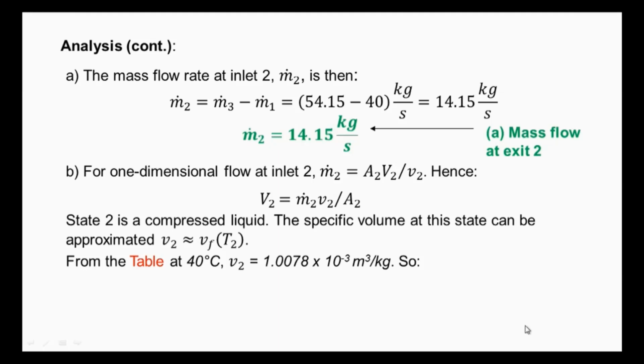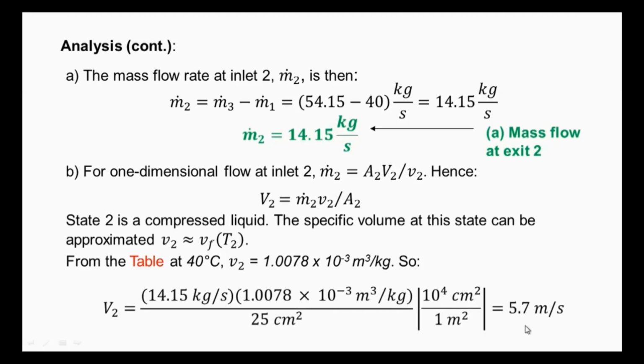From the temperature table of properties of saturated water, we can find the value of v2 at 40 degrees C. Evaluating the numerical expressions for V2 and paying attention to unit conversion, V2 is equal to 5.7 meters per second, which is the second answer we are seeking.